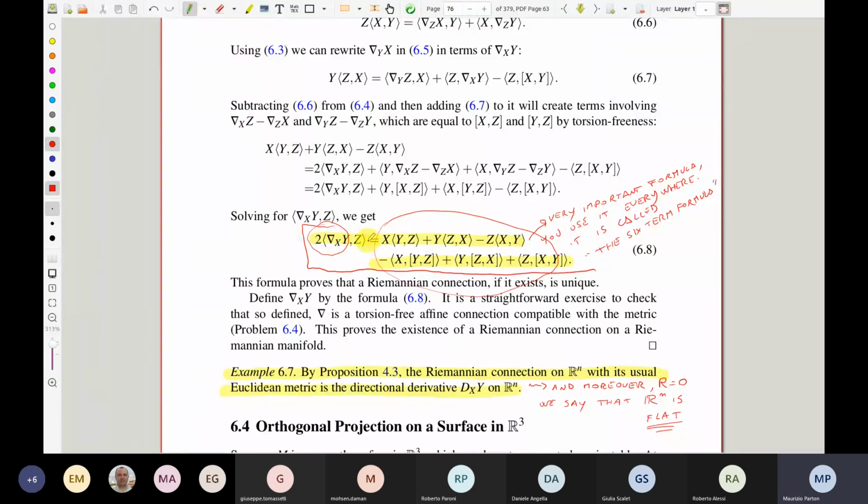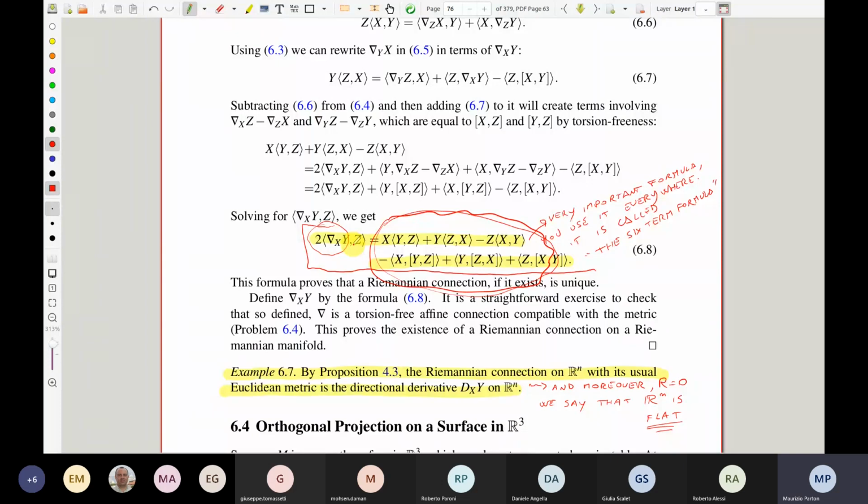How can you show that this connection exists? You use this formula to define it. You say, okay, this formula defines my connection, and I will show that this object, the derivative in the direction of X of Y, the component along Z, satisfies the axioms of a connection. And it is compatible with the metric, and its torsion is zero.